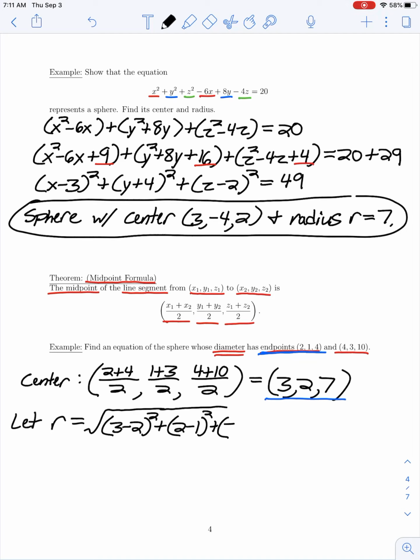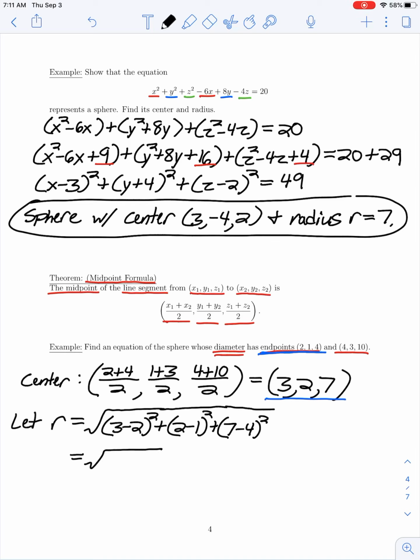And for the difference in the z coordinates, we'd have 7 minus 4 squared. So we're left with the square root of 1 squared, which is 1, plus 1 squared, which is 1, plus 3 squared, which is 9. So altogether, root 11.